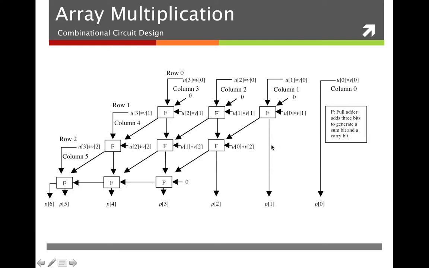These columns basically represent the products of multiplicand and multiplier bits, where the column index is the sum of the indices of the multiplicand and the multiplier bits.